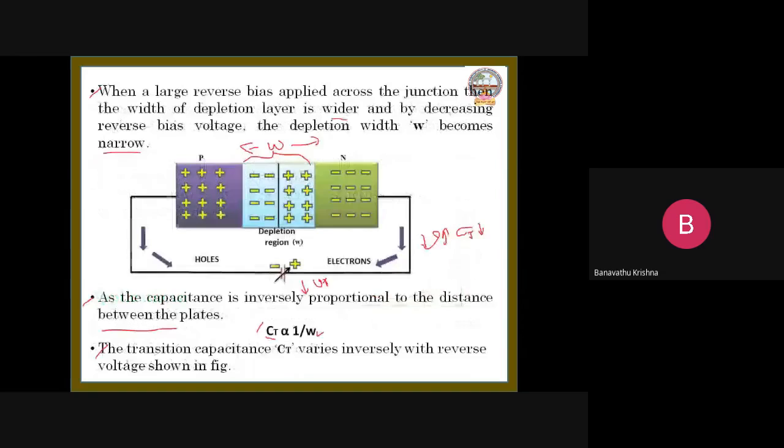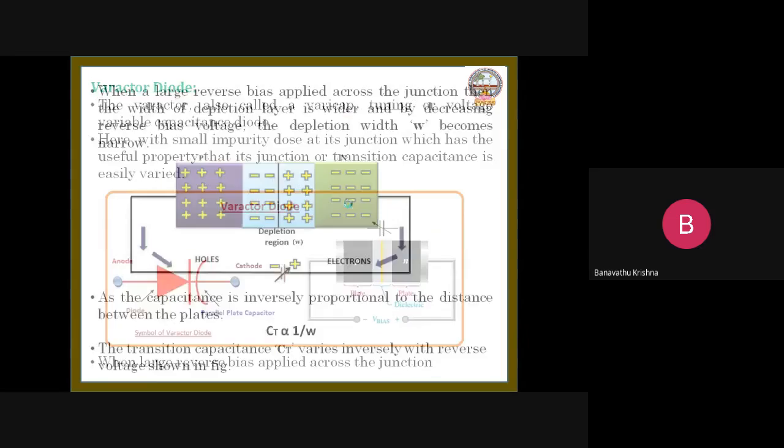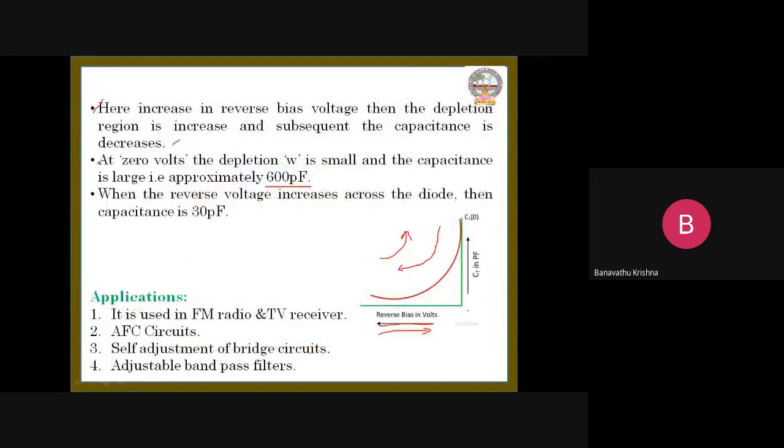If we apply zero voltage, the depletion region is very narrow, which means the junction capacitance is high.